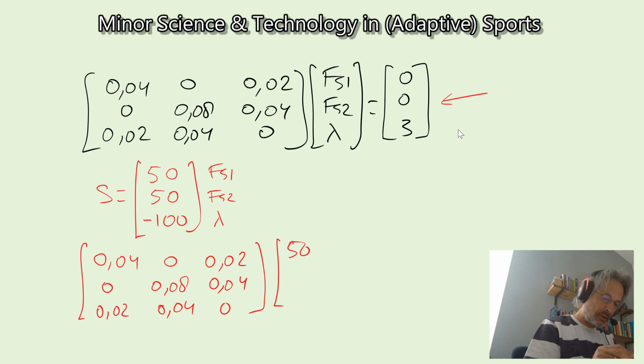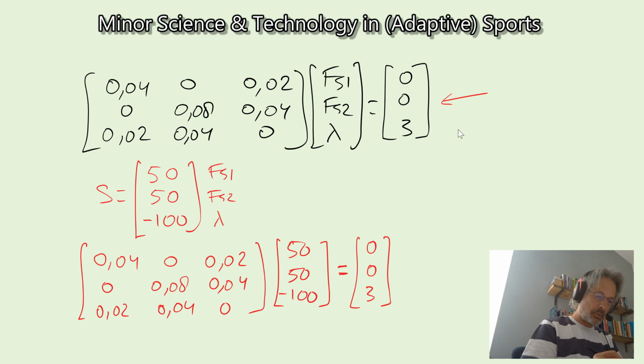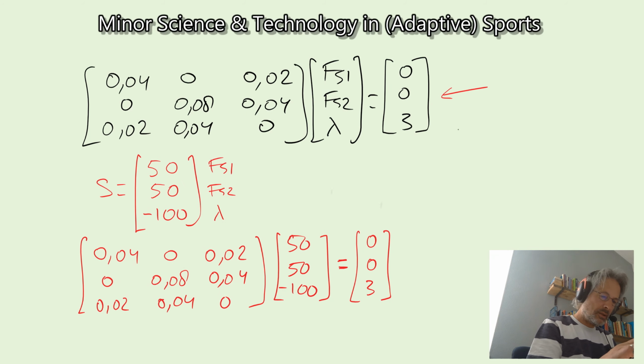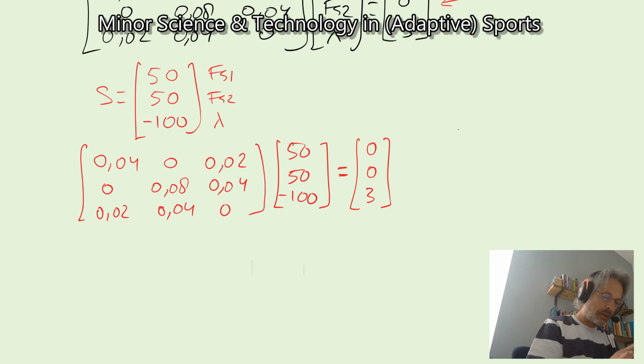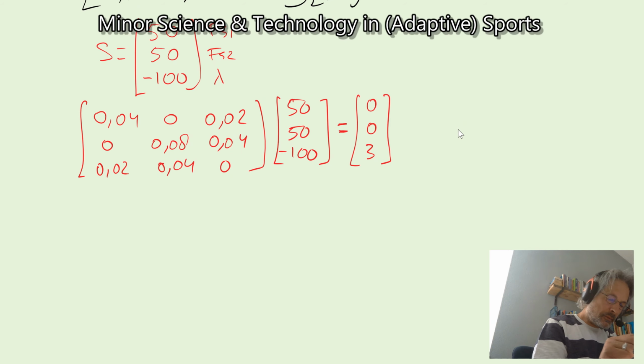So that's 50, 50, minus 100. And if all goes well, then the outcome of this equation should be 0, 0, 3. So I want to check whether this indeed comes out. For the moment, I will put a question mark over here because we have to check it.